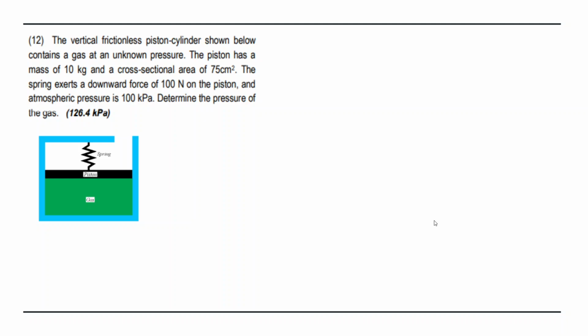Okay, so ano gagawin natin dyan? The approach would be parang parehas lang dun sa manometer. Hinahanap si P gas. So, P gas equals kagad pressure ng piston and then the pressure of the spring and atmospheric pressure. Kasi ito yung pinakamababa.